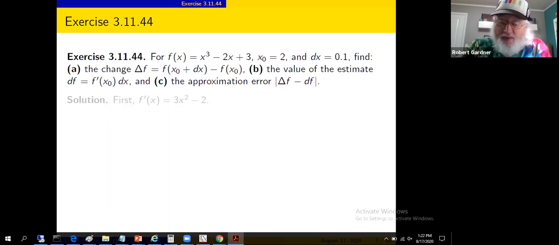Okay, this is question 44 out of the section. They've replaced the a with an x of 0 for reasons known only to them. Also, the spirit of why you would do the approximations doesn't really hold here, because you can cube numbers and you can do this arithmetic. I give you an x value, you can compute this stuff here precisely.